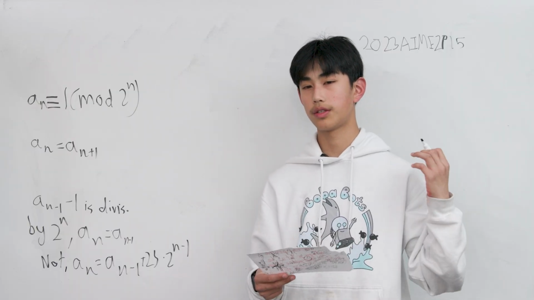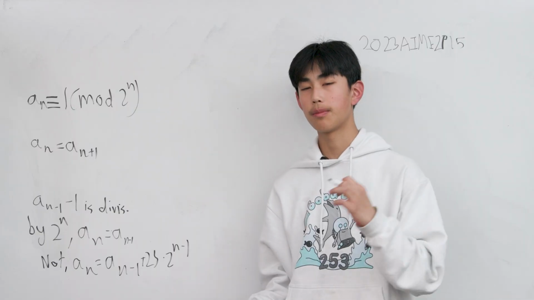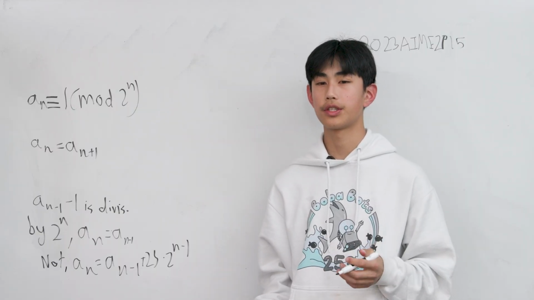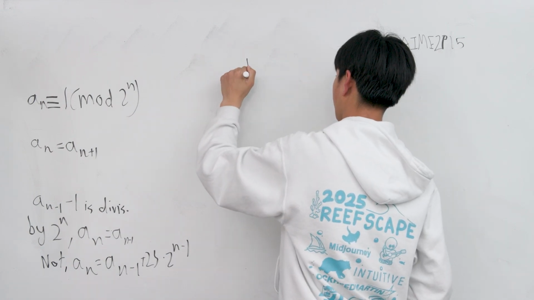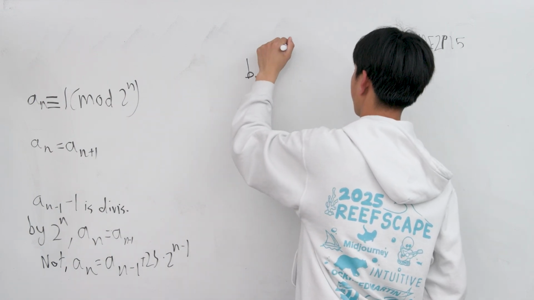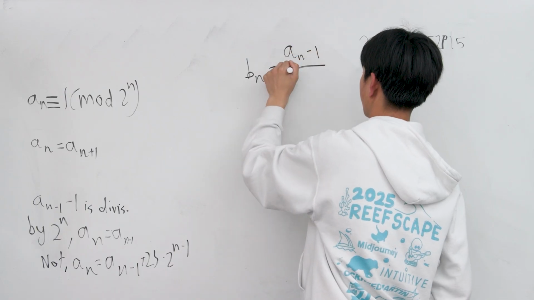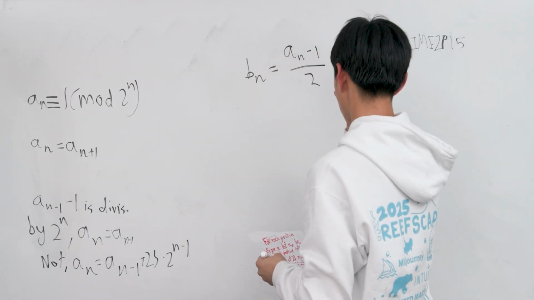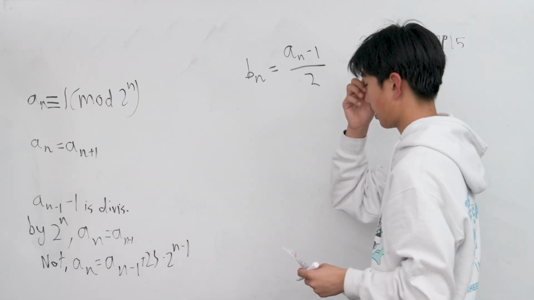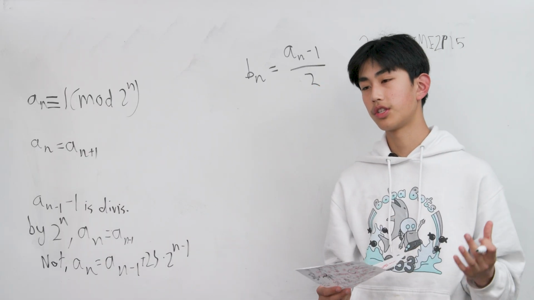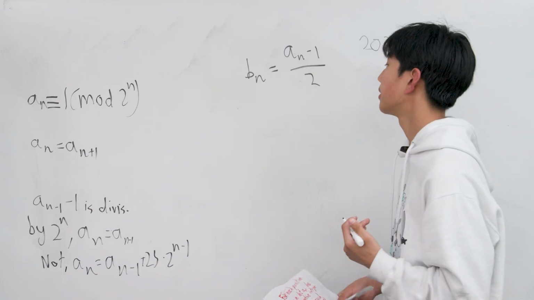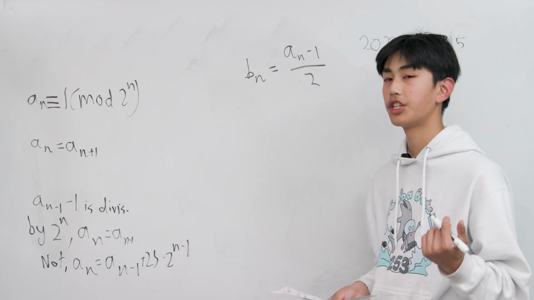Therefore, we can set a value b sub n that will greatly help us solve this problem. If we let b sub n be equal to a sub n minus 1 over 2, then we can elaborate on b sub n because we can consider if it's divisible by 2 or not, as it is a changing value.